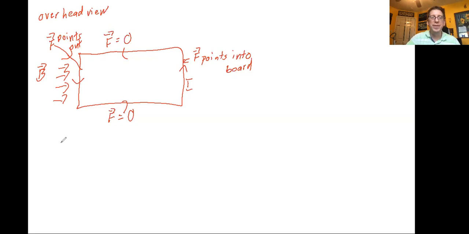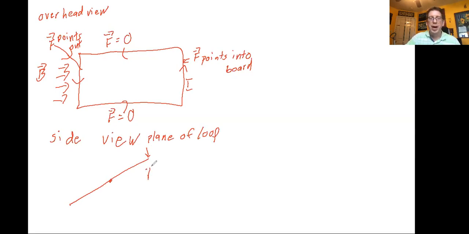And then the side view, you have, call this the plane of the loop. You have an axis of rotation.